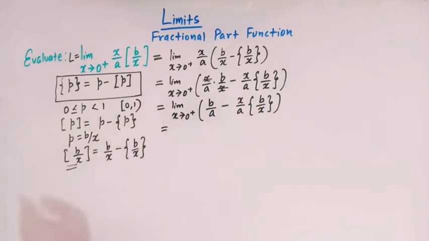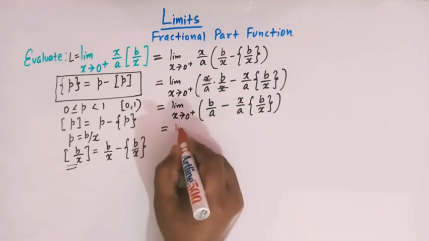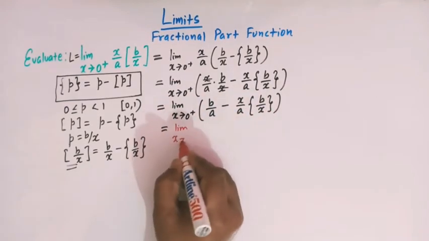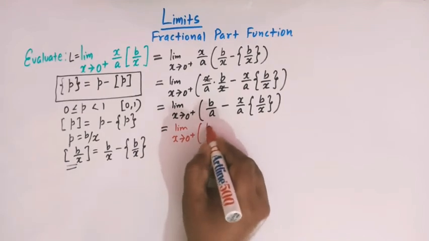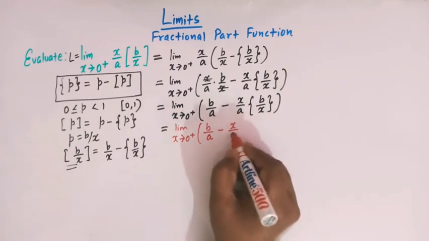So now at this step we'll do an important thing. We'll write this expression as limit x tends to 0 positive of b over a minus x over a.